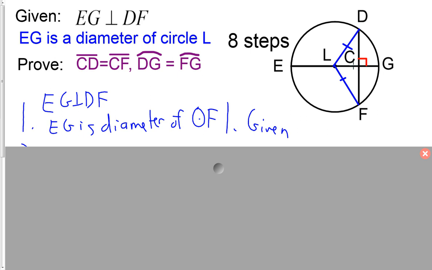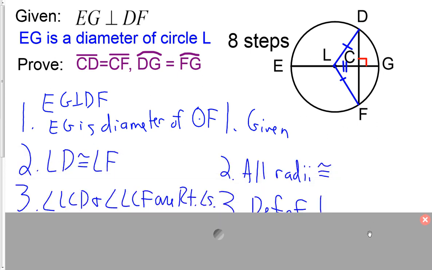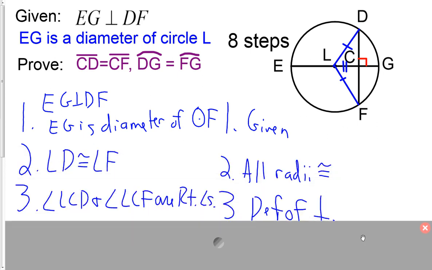Perpendicular gave us right angles, and then do we need right triangles or congruent, right? Right now I've got angle side. We also have reflexive. This right here, LC congruent to LC. So reflexive and all radii congruent are going to be our first 2 steps. Looks like I put reflexive a little further back, but I'm just continuing to talk through the plan.